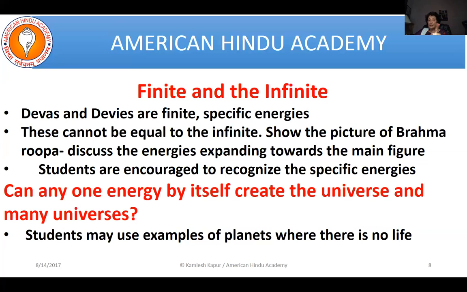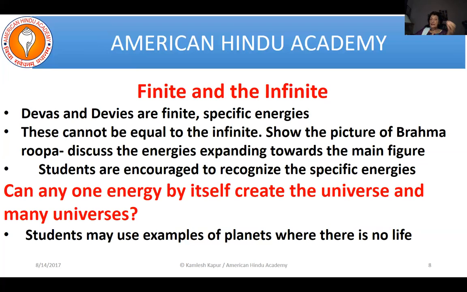Now, can any one energy by itself create the universe and many universes? Absolutely not. If there is only land mass, like on the planet Jupiter, so they have what we call Prithvi, the land mass, but there is no life. Why?